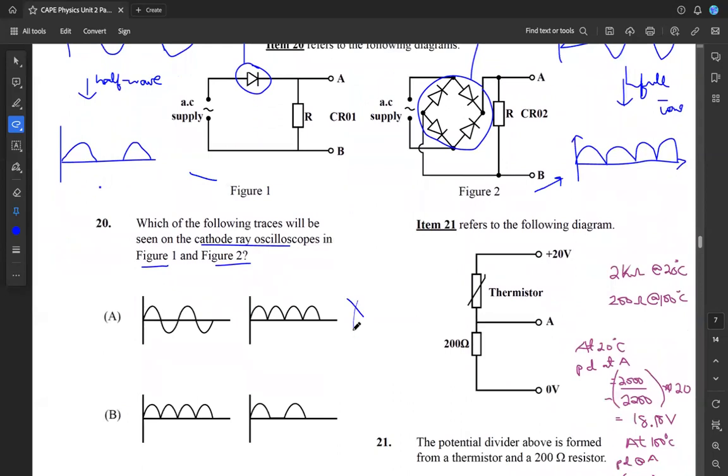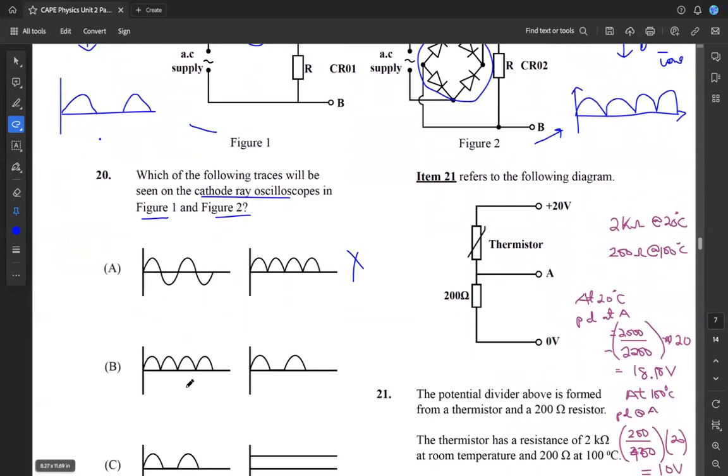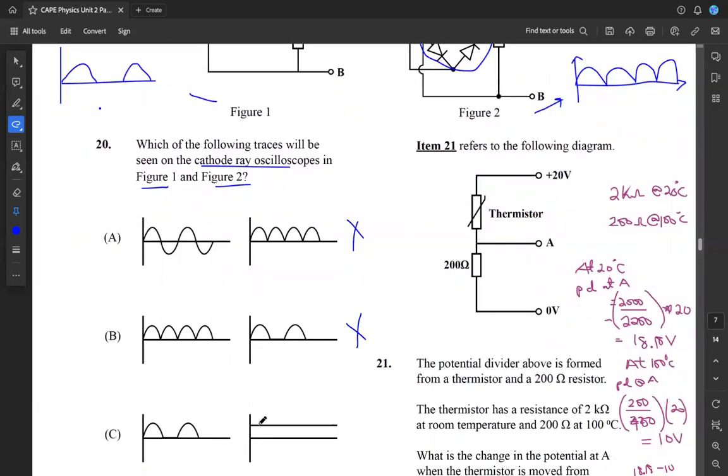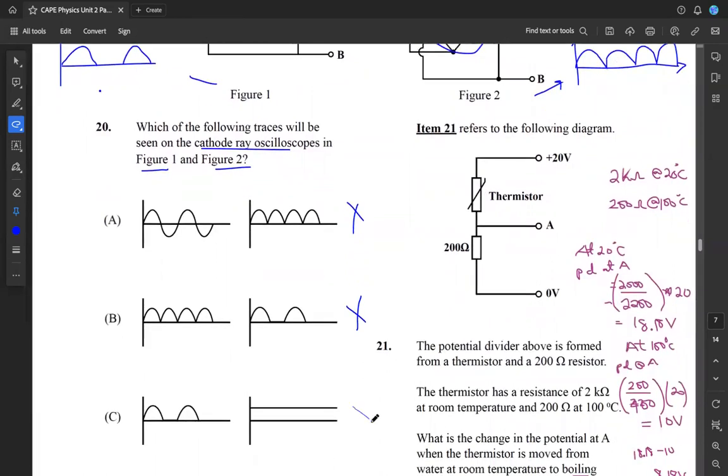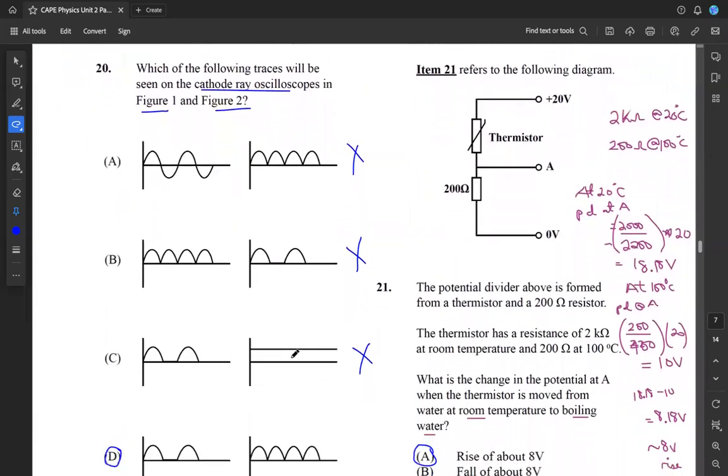So this one is not our answer. And in this case, they're flipped, right? So again, this doesn't match what we came up with up here. And then down here, we don't get a flat line. We got this for figure 1, but for figure 2, we're looking for this, right? So that's not C. So let's look at D now.